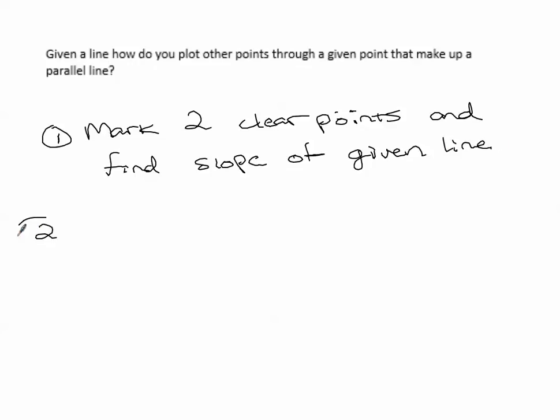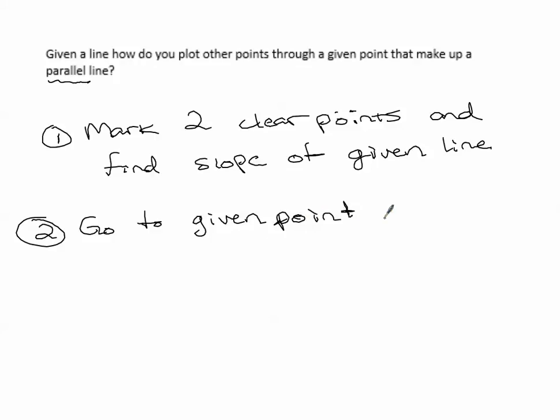And then a second step would be to go to that point that we've been given and travel the slope, because parallel lines are going to have the same slope. They're going to give you a line and a point not on that line.